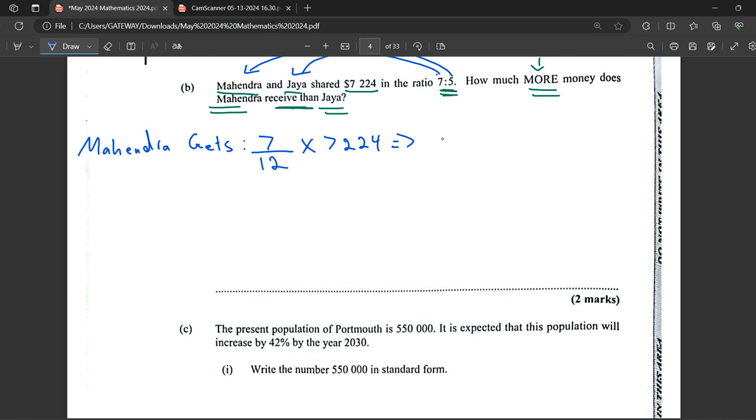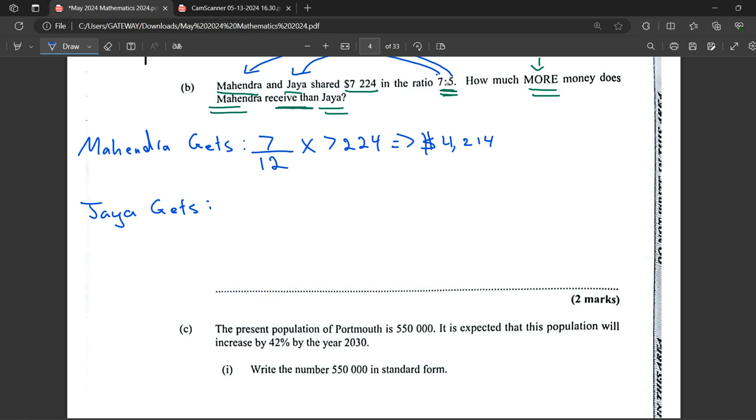I believe you'll get 4,214. And Jaya, let's see how much Jaya receives. So how much is she going to get?